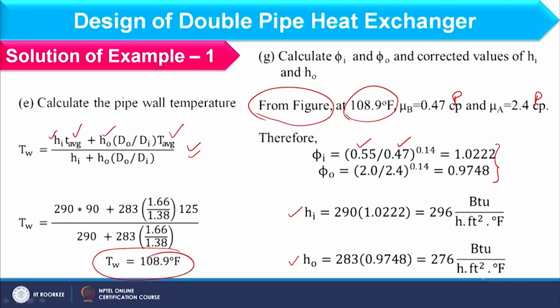Now, once you have h_i and h_o, what do we have to calculate first? Obviously, the overall heat transfer coefficient. If you remember the overall heat transfer coefficient expression, it includes 5 terms, in which 2 terms correspond to the dirt factor of both fluids. In this case, both fluids, benzene and aniline, fall in the organic liquid range.